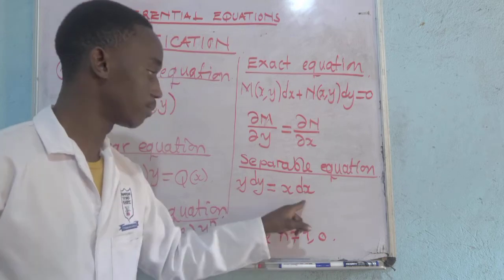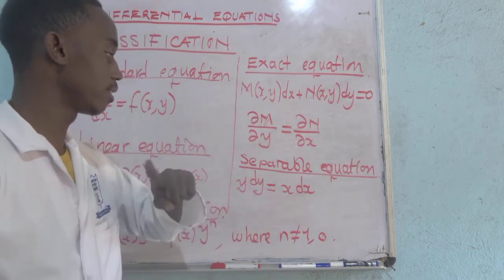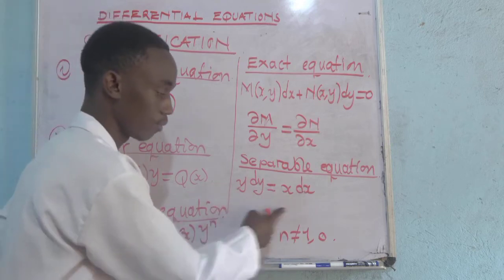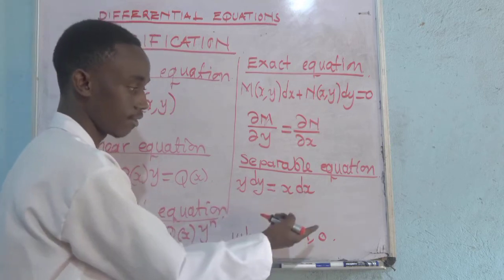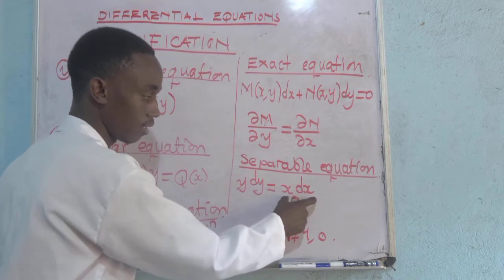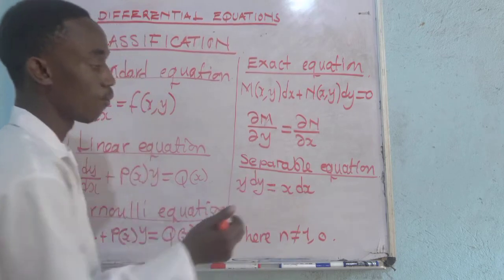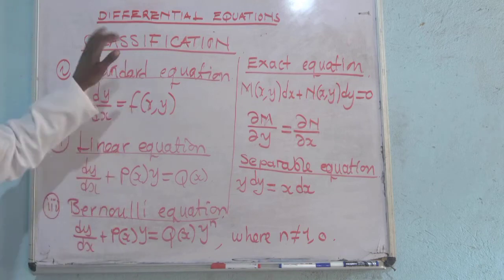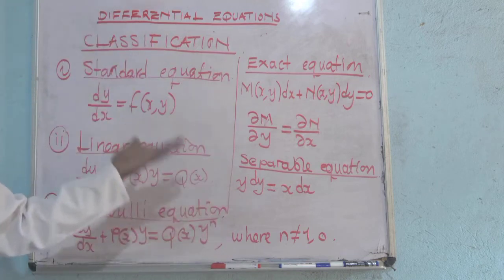Otherwise, if you can't obtain something like this, then the equation that you have is not a separable equation. So this is an equation that can be separated as variables, meaning the x on their own, and the y on its own. So these are a few ways you can classify these equations.